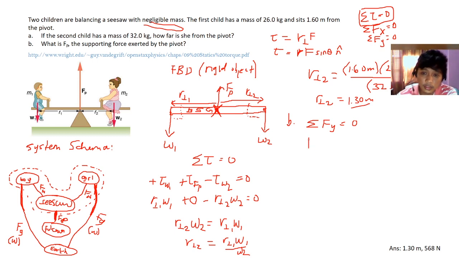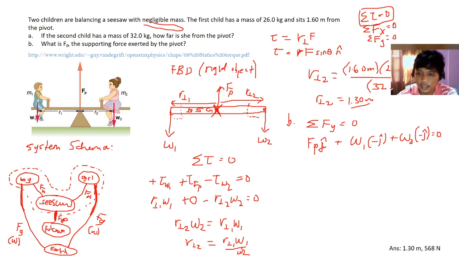I actually do this: Fp j hat, because it's directed along the positive y-axis, plus W1 negative j hat because it's directed along the negative y-axis, W2 negative j hat because it's directed along the y-axis as well, is equal to 0.